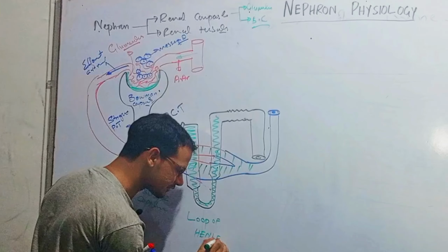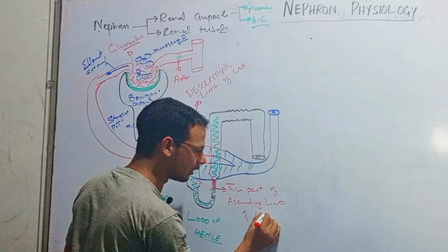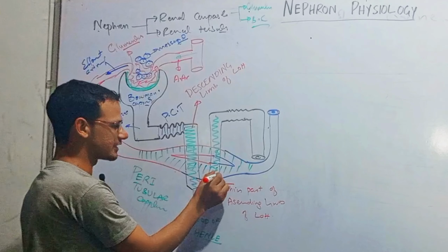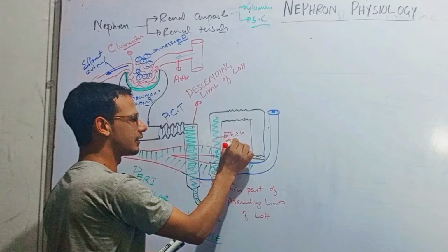For physiology, we will remember that this limb is called the descending limb of the loop of Henle, and this part, this green part, this red part, is called the thin part of the ascending limb of the loop of Henle, and this part is called the thick part of the ascending limb of the loop of Henle.